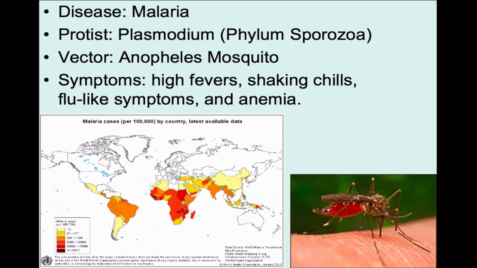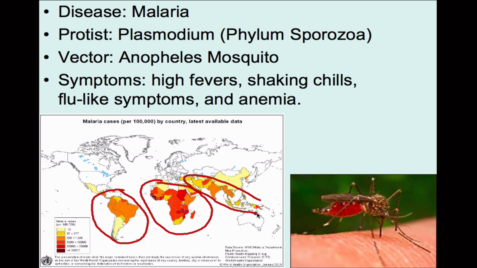Now, malaria is very common in the southern hemisphere. So you'll see here there are quite a few cases of malaria found in South America. Malaria is extremely common in Africa, but then also in these countries here near India.